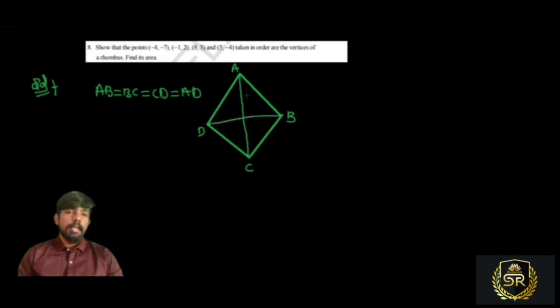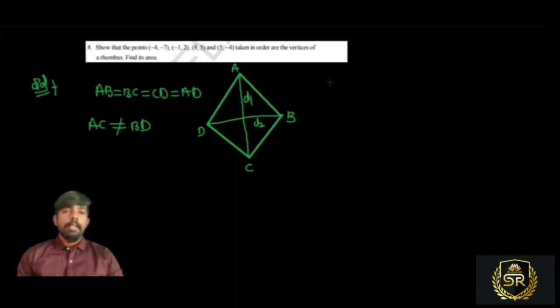Let us say this diagonal is D1 and this diagonal is D2. Diagonal D1, AC, is not equal to BD. If we prove this, we can say that the given vertices are the rhombus vertices.